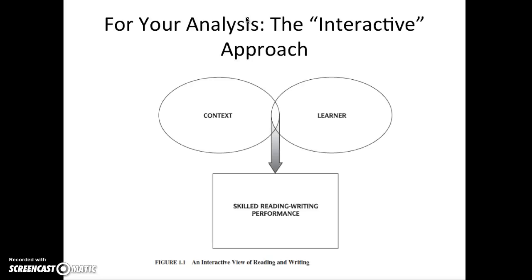So if you look at this diagram, which is pretty blank right now, I want you to take a look at it and pause the video, if you will, or just marinate on it for a second. I'm going to give a pregnant pause in a second here, and think about, what do each of these circles represent? What are they in reference to? What would be context in this case? What would involve the learner in this case?